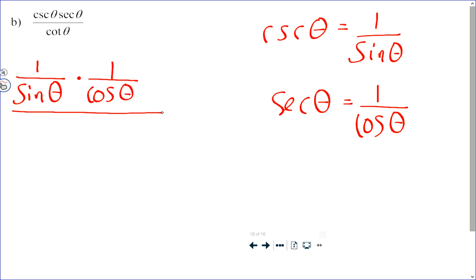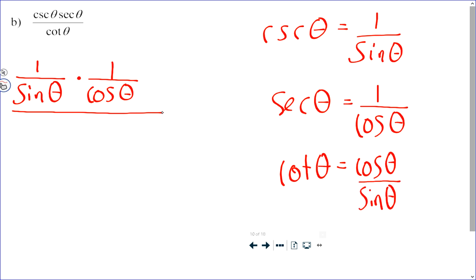Cotangent of theta, there's a quotient identity that says cotangent is cosine of theta over sine of theta. So on the bottom, I'm going to put cosine of theta over sine of theta. Now, this is what we refer to as a complex fraction.